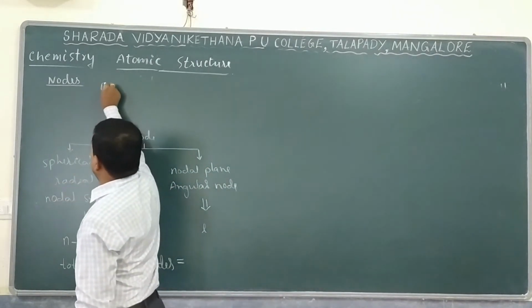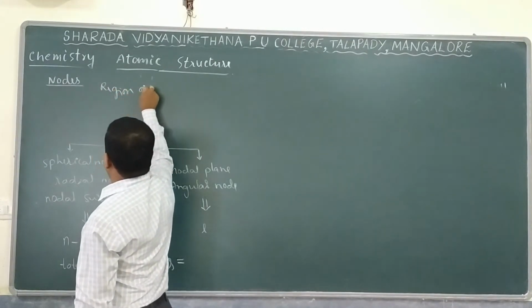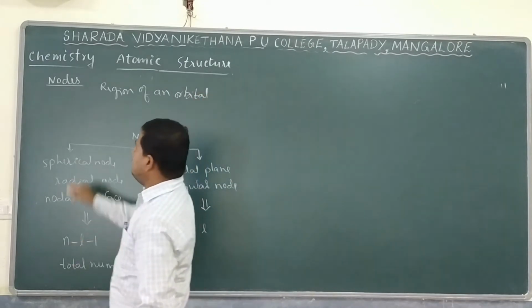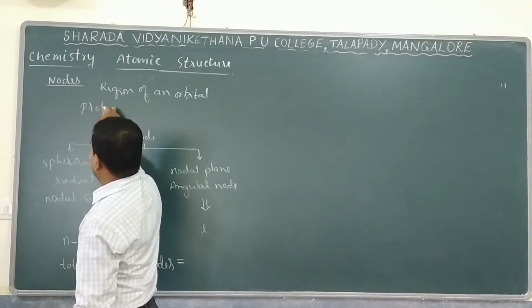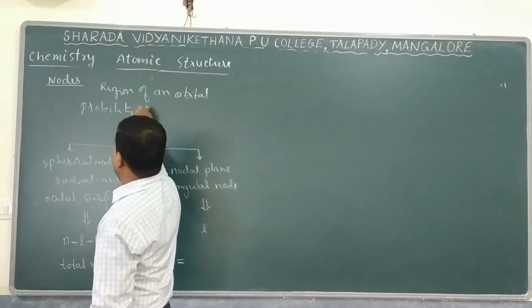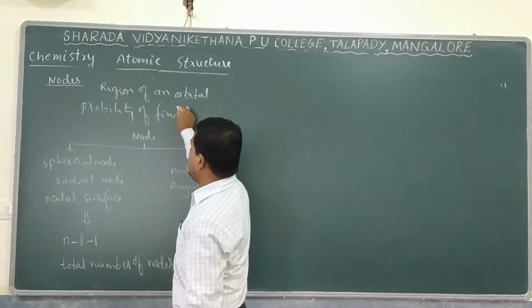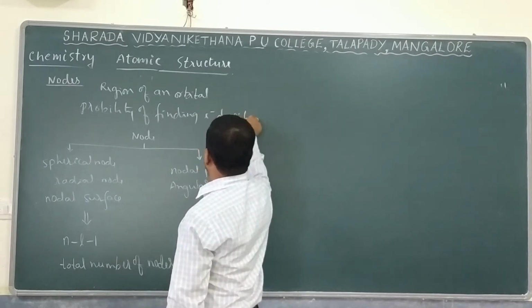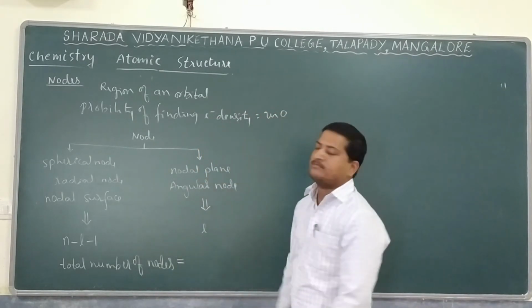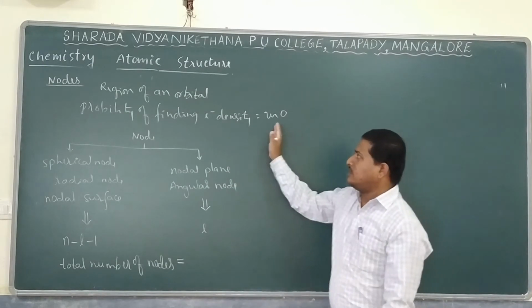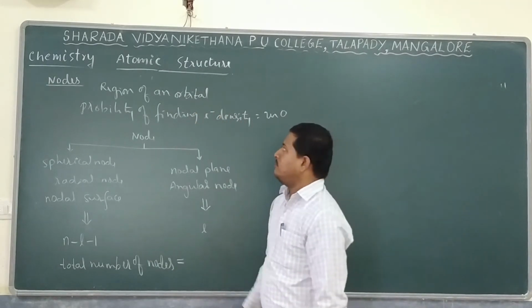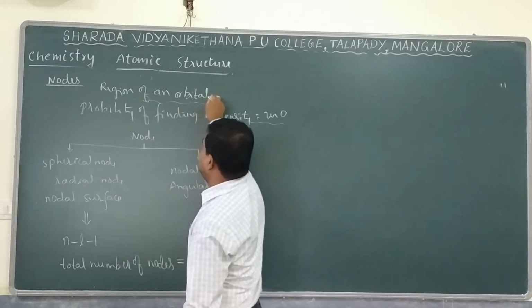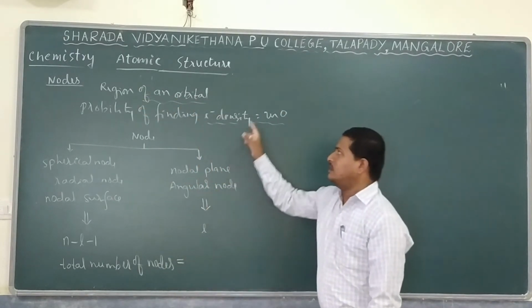So a node is the region of an orbital where the probability of finding electron density is 0. So that region is nothing but a node.